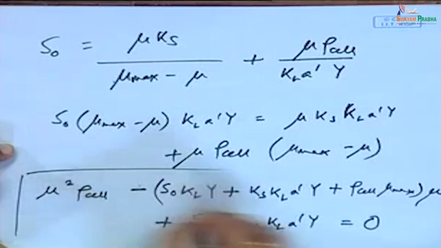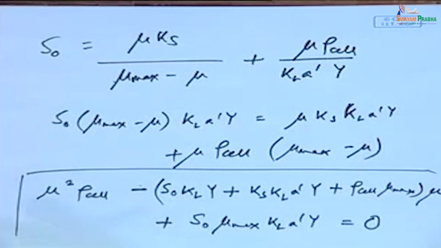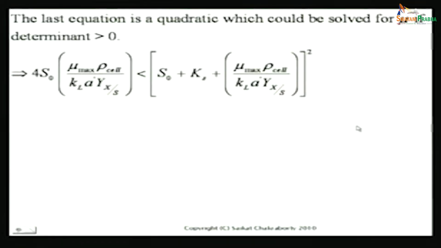Right? So this is your quadratic, and so all you need to do is look at the determinant of this. For the quadratic equation that I just wrote to have a solution, the determinant has to be greater than 0, which is what we use.